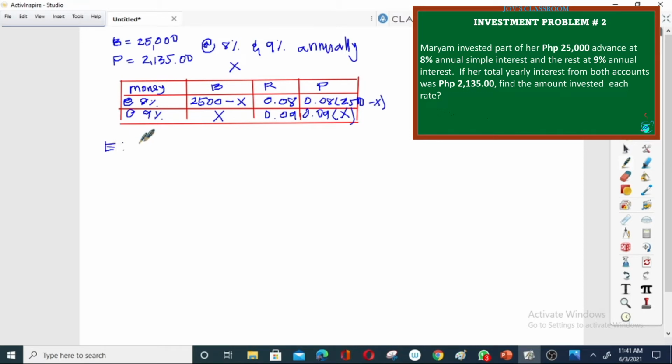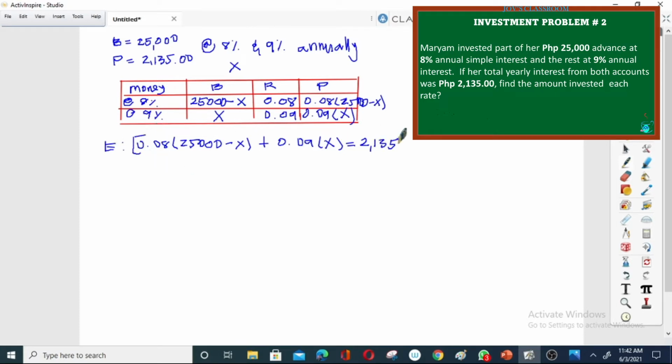So the equation will be 0.08 multiplied by 25,000 minus x plus 0.09 multiplied by x is equal to 2,135 pesos.